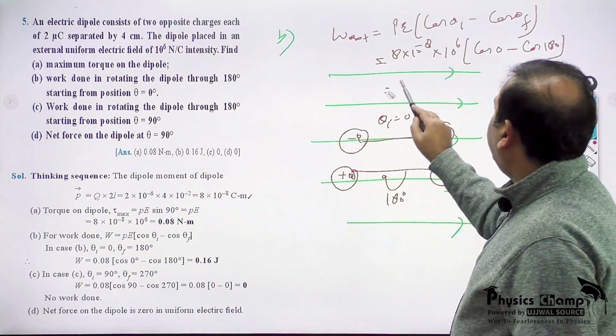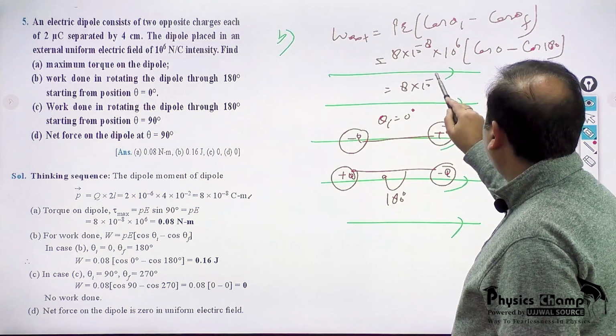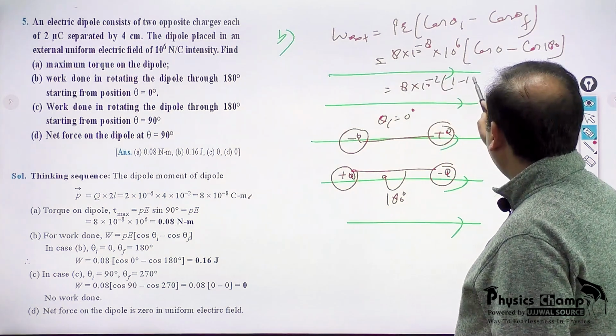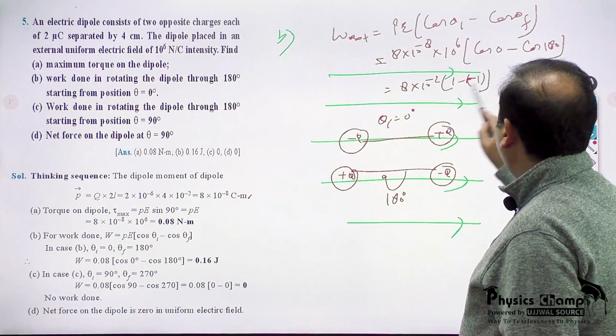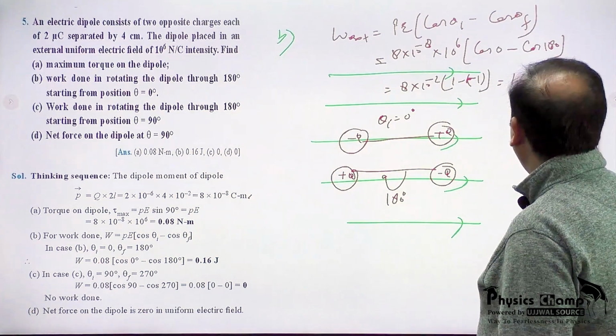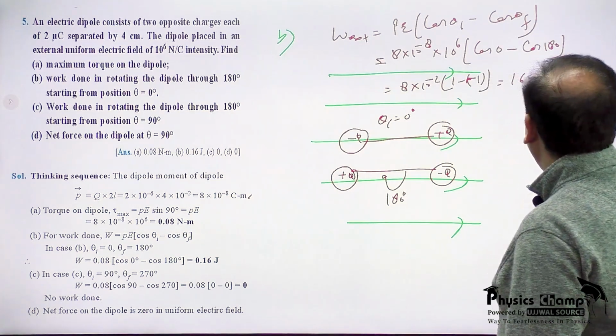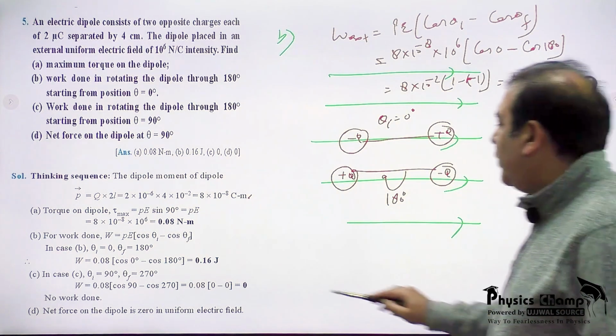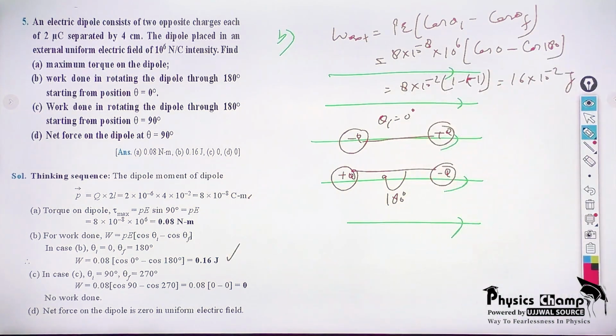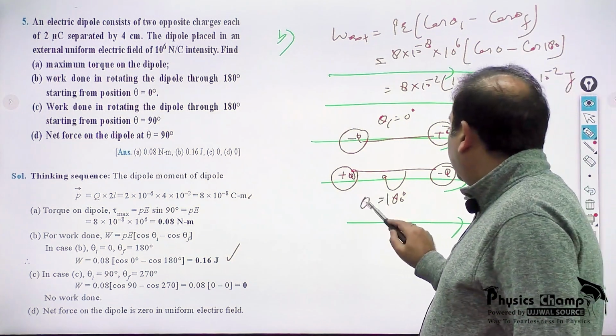So you'll have 8 into 10 to the power minus 2 into 1 minus minus 1. So 16 into 10 to the power minus 2 joule. This will be the work done, or 0.16 joule, to shift it from theta initial equal to 0 to theta final equal to 180 degree.